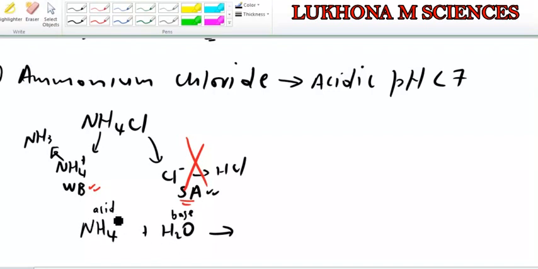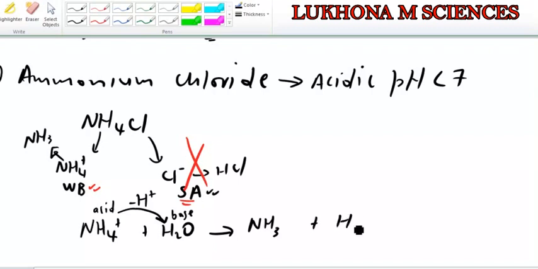If this one is a conjugate acid, it will donate protons to water. It will donate protons, that is H+, leaving this one with 3 H atoms with no plus, because the plus has gone to water.